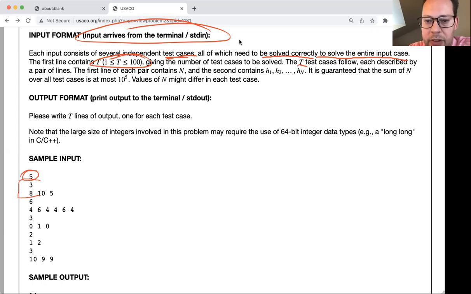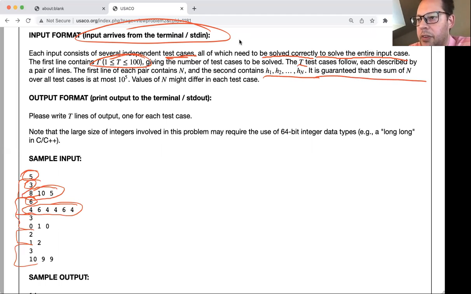So here's a pair of lines describing 1 test case, 1 test case, 1 test case, 1 test case, 1 test case. The first line of each pair contains N, so for example 3 is N in this case, 6 is N in that case. And then the second line contains the hunger levels: hunger 1, hunger 2, up through hunger N. So in this case, 8, 10, and 5 are the hunger levels for the 3 cows in the first test case. Here are the hunger levels for the 6 cows in the next test case, and so forth.